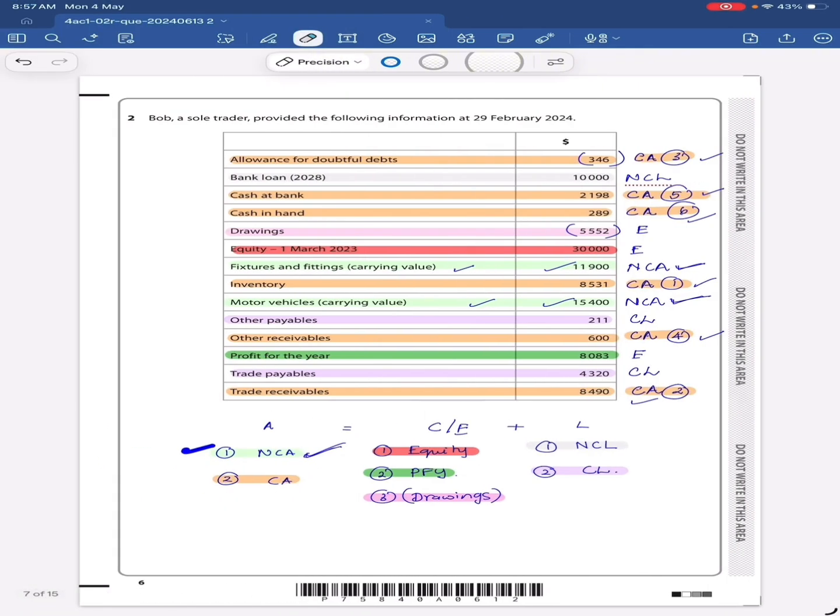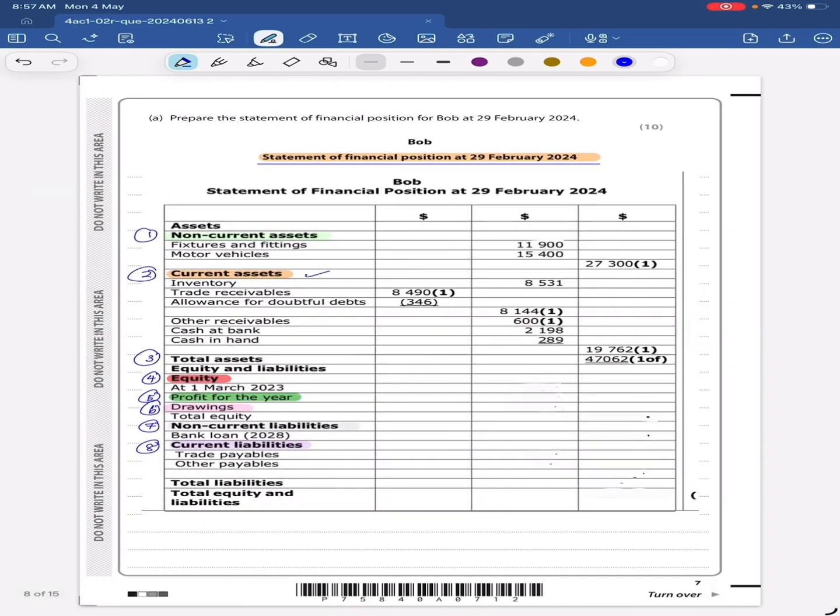Now let's complete the equity section. You have equity worth 30,000, profit for the year 8,083, this should be the second one, and the drawings worth 5552. Now let's enter these figures.